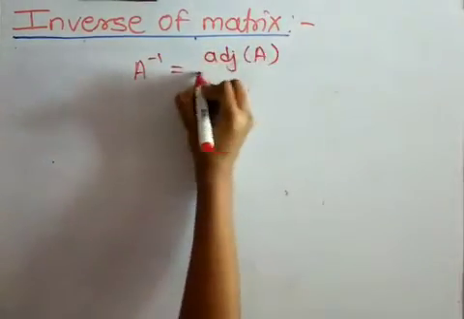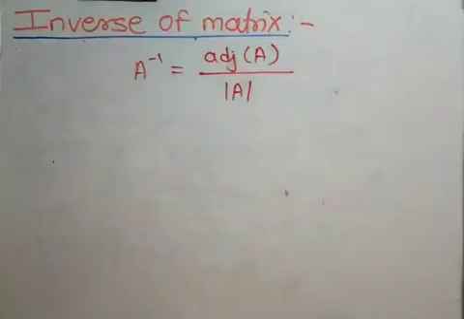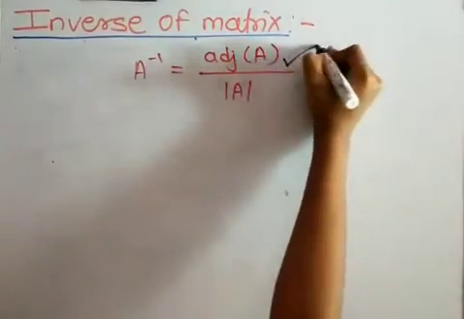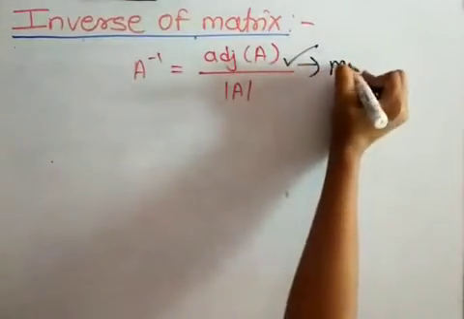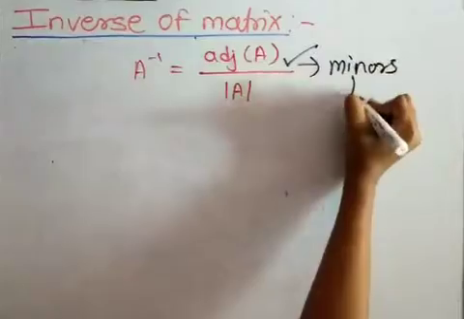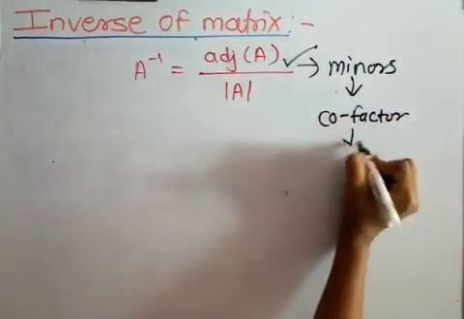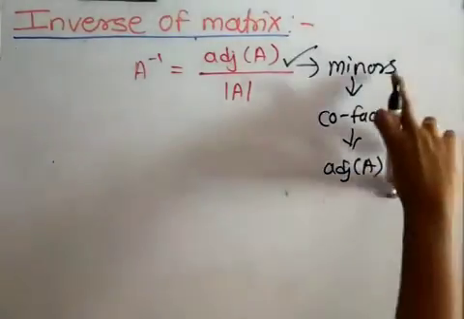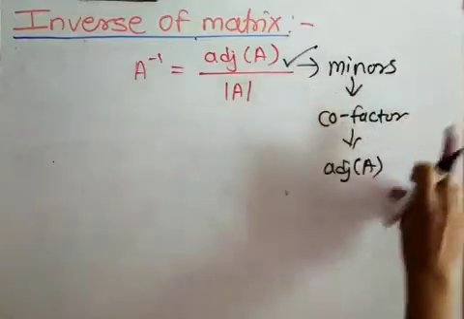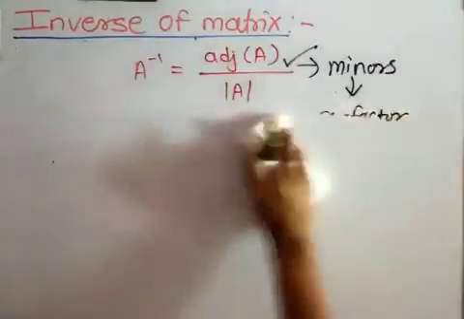Inverse of A equals adjoint of A divided by determinant of A. For adjoint of A we find the minors, after that the cofactor for each entry, and then we get adjoint of A. So we know how to find minors, cofactor and adjoint of A. Now there is one example.